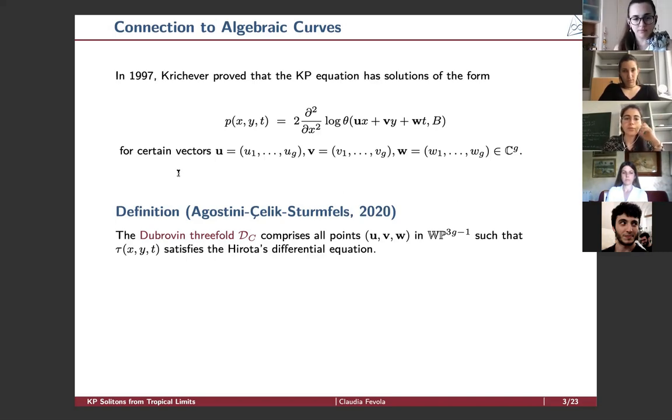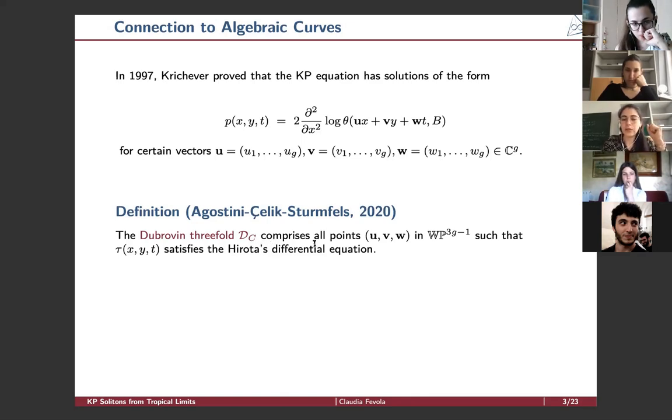Dubrovin was the first to study the complex vectors which give a solution to the KP equation, and he found that all of these vectors give rise to a manifold. Then last year, Agostini, Celik, and Sturmfels studied, in a work called The Dubrovin Threefold of an Algebraic Curve, this three-dimensional variety that they named after Dubrovin.